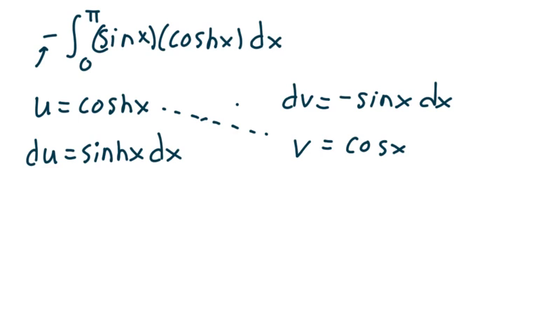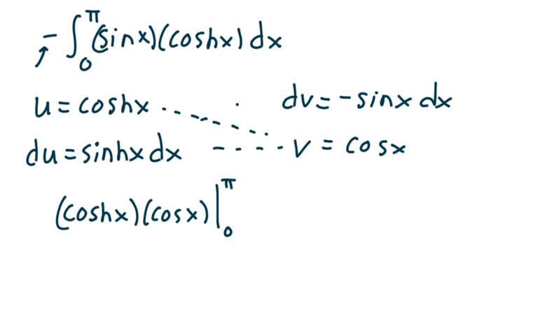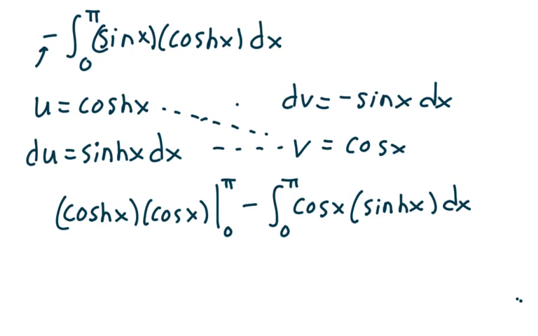So we're going to get hyperbolic cosine x times cosine x, evaluated from 0 to pi. And then I'm going to subtract the integral from 0 to pi of cosine x times hyperbolic sine of x dx.